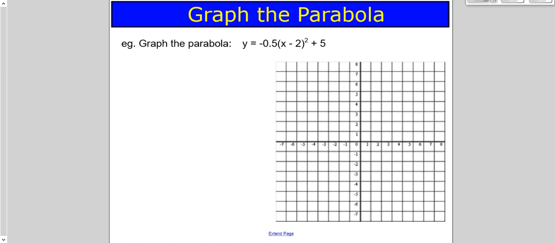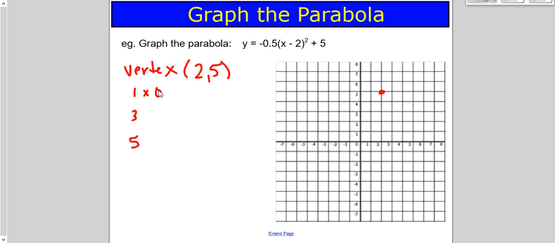So we know from the previous lesson that the first thing that we want to identify is the vertex. And so if I was looking at this, I could see that my vertex is at 2, 5. So 2, 5, which is right here. And then I know that I use my step pattern, my 1, 3, 5, and that gets multiplied by the a value out front.